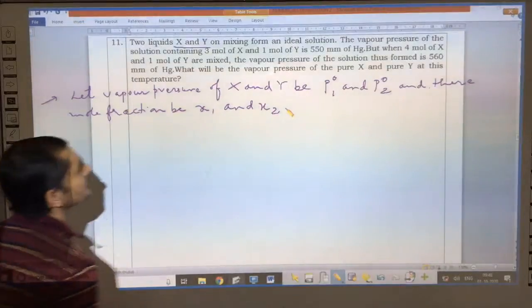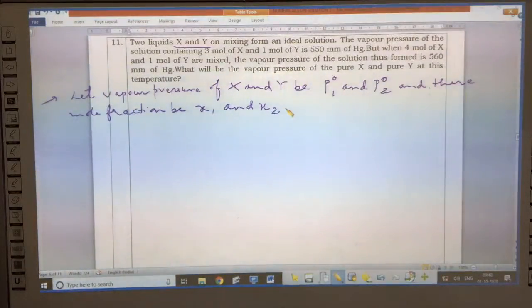So the vapor pressures of X and Y are P01 and P02, and their mole fractions are X1 and X2.